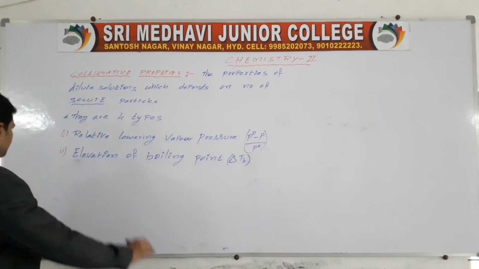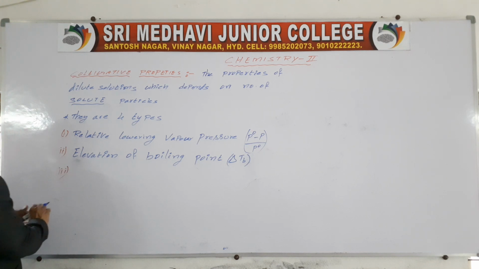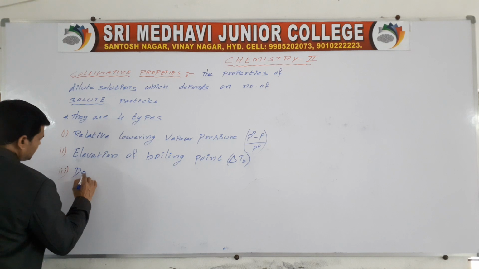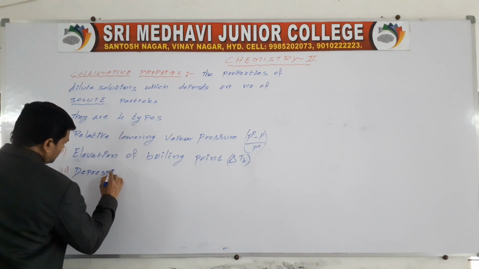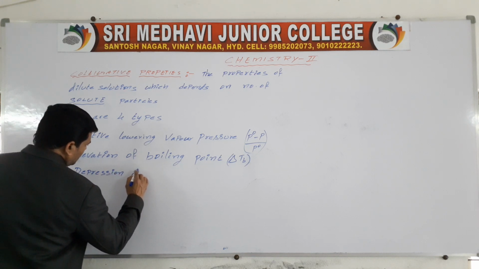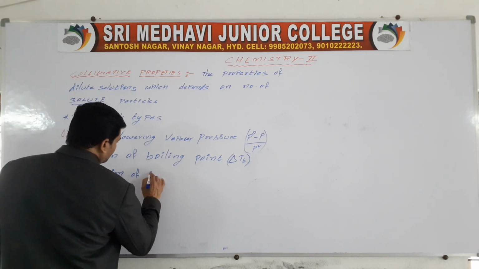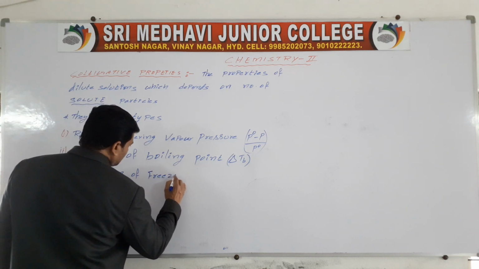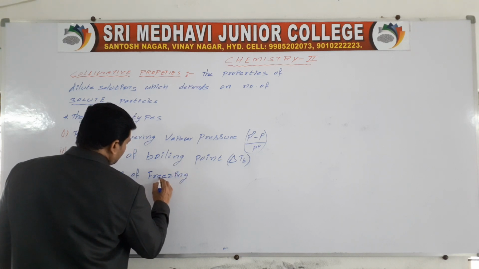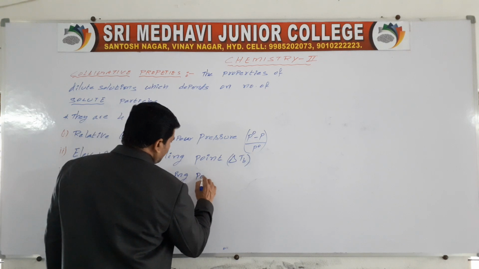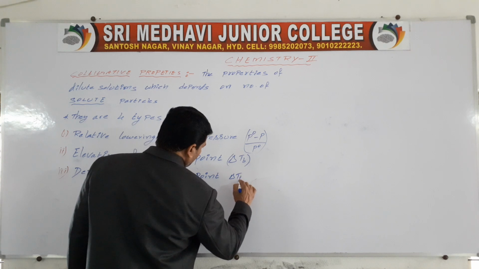The third one is depression in freezing point, denoted by delta TF.